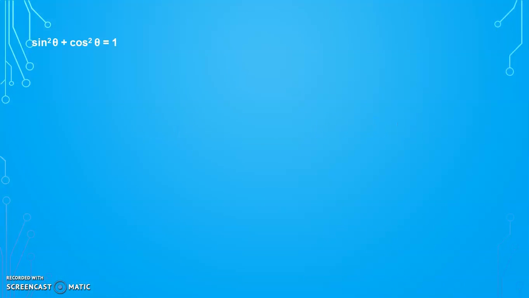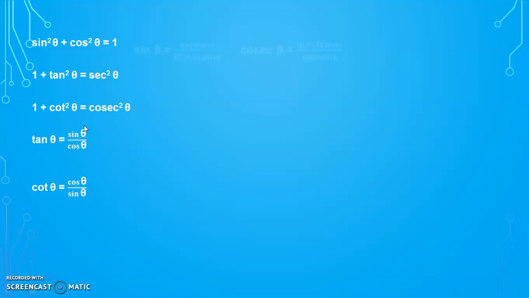Now we will give a quick revision of formulas given in part 1. In part 1 we derived sin square theta plus cos square theta equal to 1, 1 plus tan square theta equal to secant square theta, 1 plus cot square theta equal to cosecant square theta, tan theta equal to sin theta by cos theta, and cot theta equal to cos theta by sin theta. These formulas are derived just from the trigonometric ratios and the Pythagoras theorem.